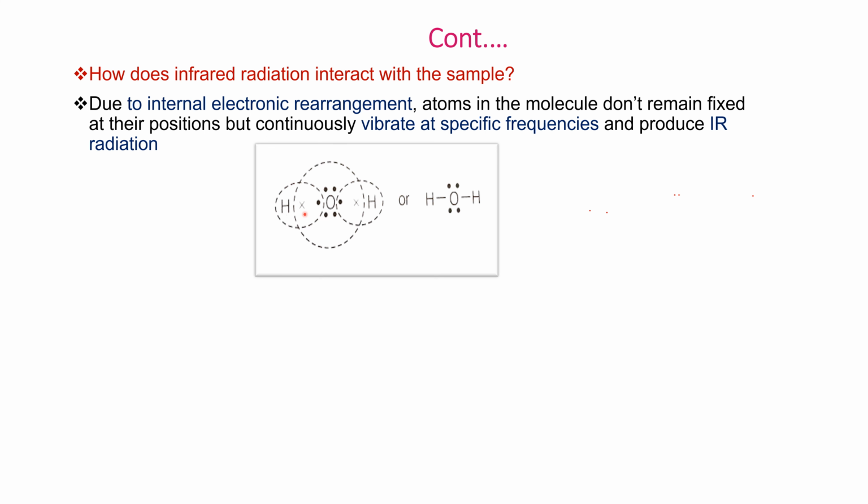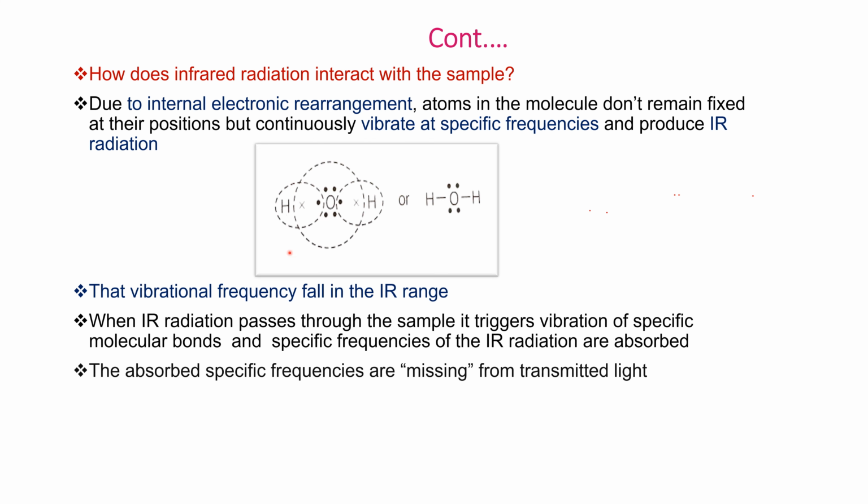When they go far away from each other, attraction takes place. Due to such repulsion and attraction, that is electronic rearrangement, atoms in a molecule don't remain at fixed positions but continuously vibrate. That vibrational frequency falls in the IR range.